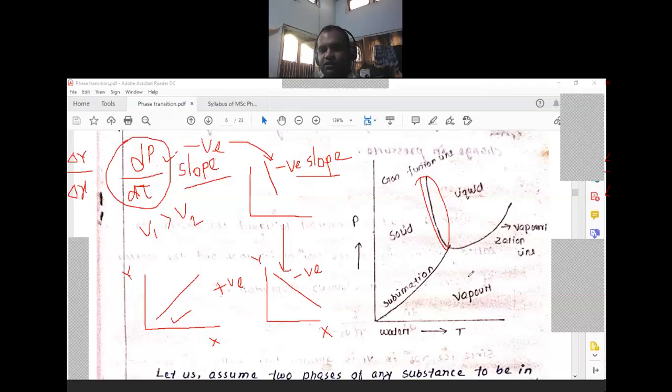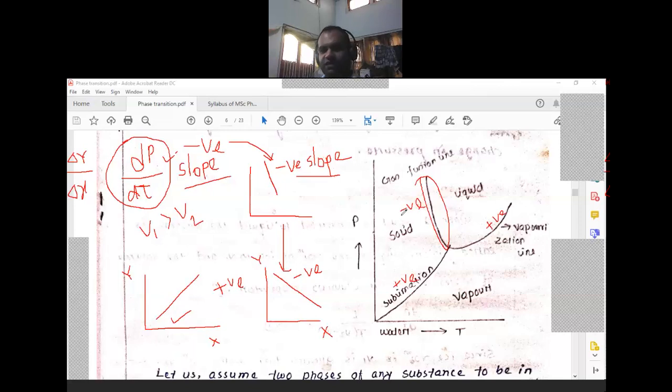If the slope is negative, it will have a shape like this, and for any positive slope, it will be like this. Now you see the sublimation plot is like this. It follows the pattern of a positive slope. And the vaporization line has a shape like this. It also follows the pattern of this type of plot.